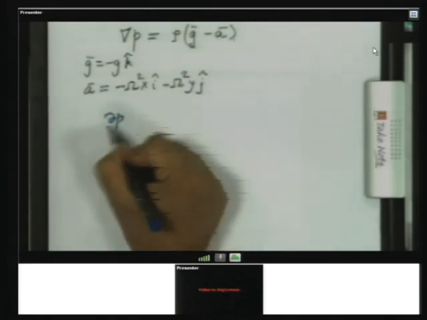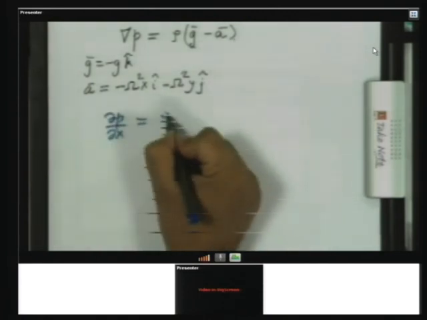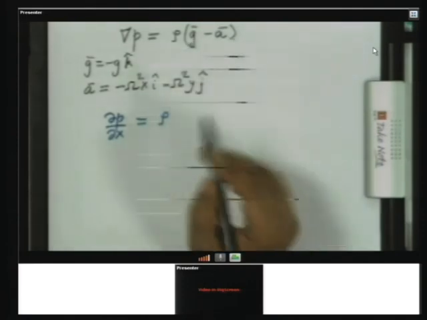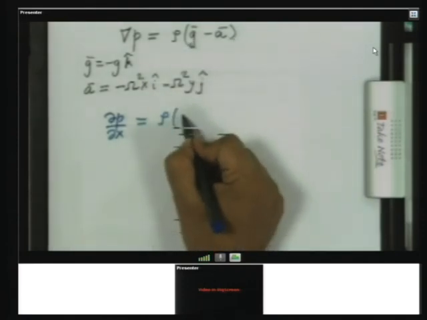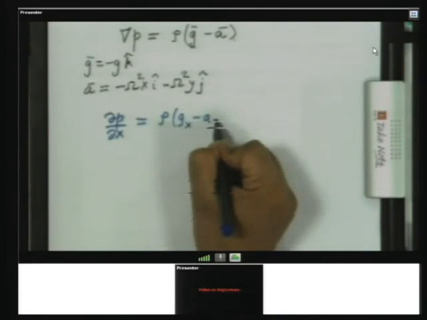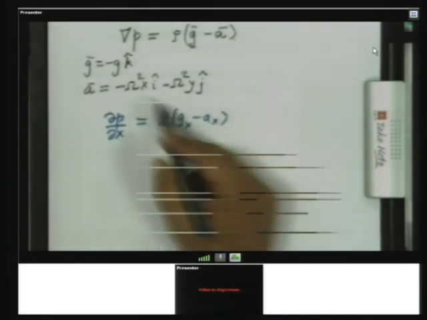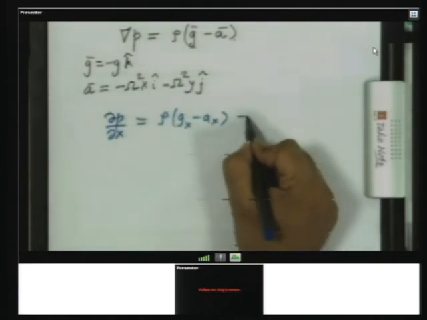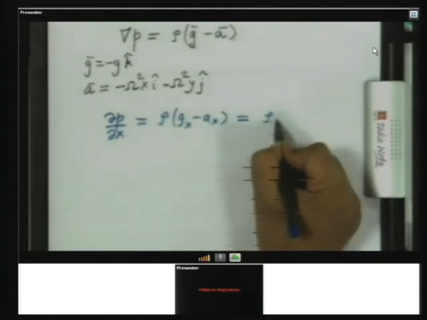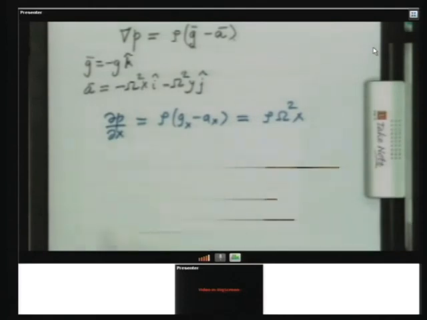So, if I look at the x component, del p del x will be rho into the x component of this vector g minus a. So, that is rho (g x minus a x). Now, g x is 0 and a x is minus omega squared x. So, this is rho omega squared x.